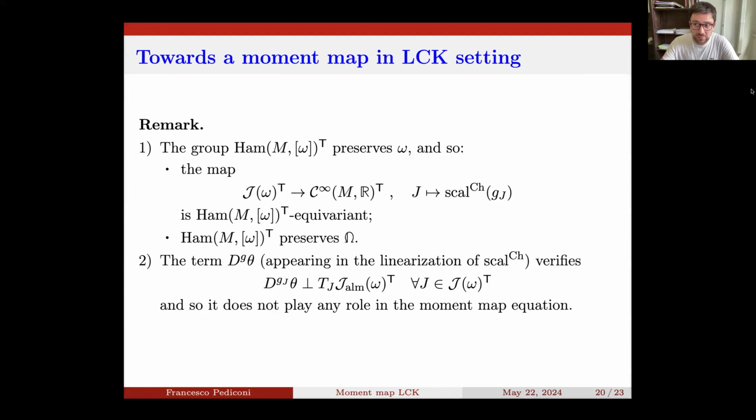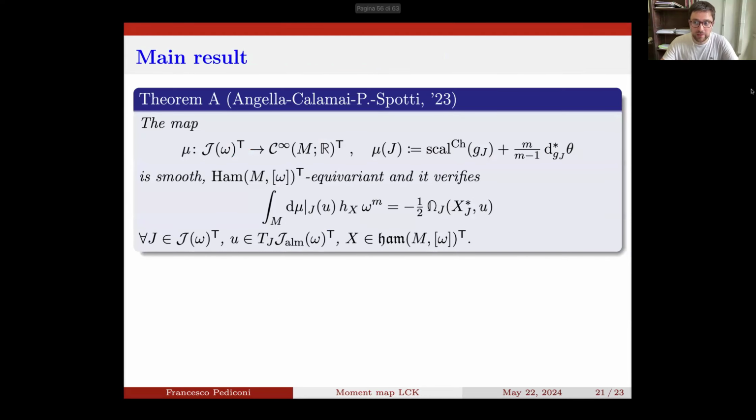And by using this observation, we were able to cook up a moment map also in this framework. So this is the main theorem of the paper I'm referring to, proved, as I said, in collaboration with Angella, Calamai, and Spotti.